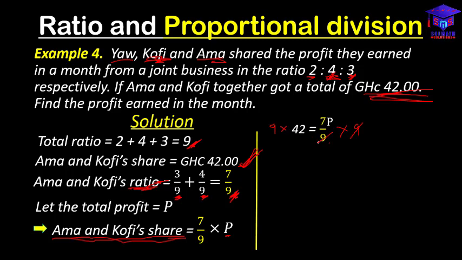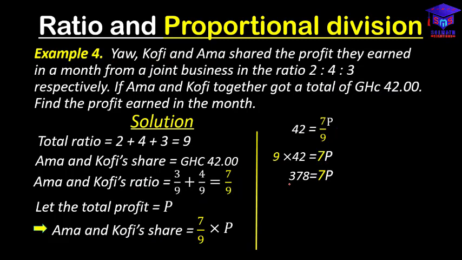Good. Now, if you're able to do that, we have 9 times 42 is equal to 7P. Now, 9 times 42 is equal to 378, is equal to 7P. So, divide both sides by 7, so that this 7 can cancel this 7 over here.